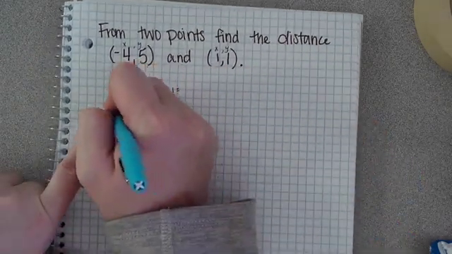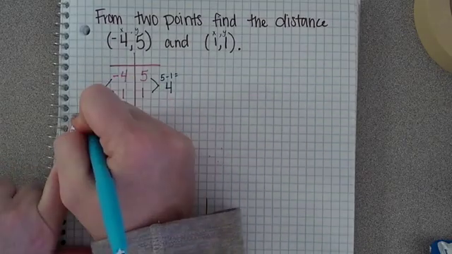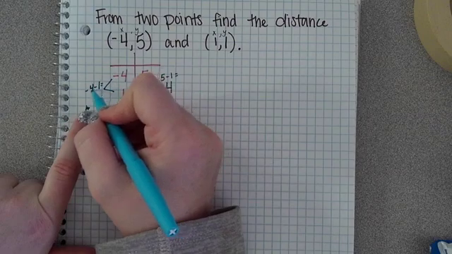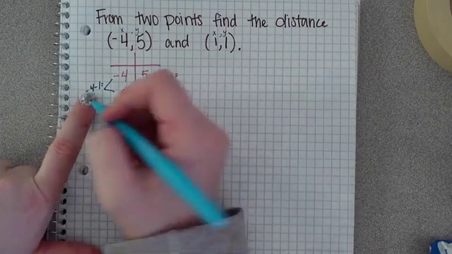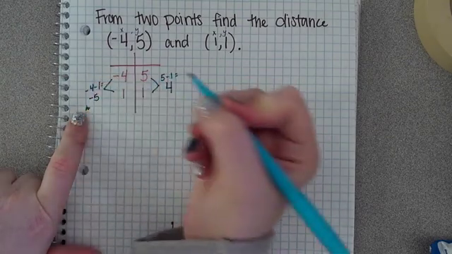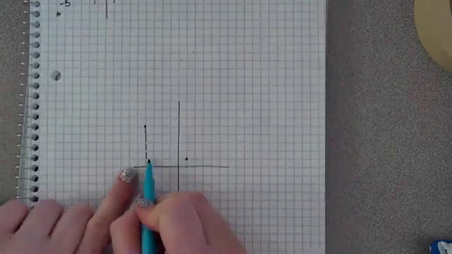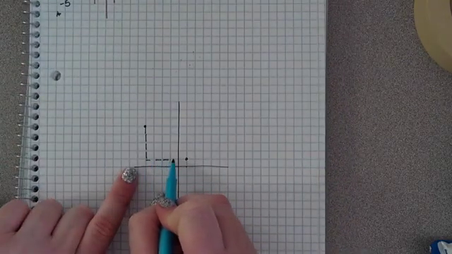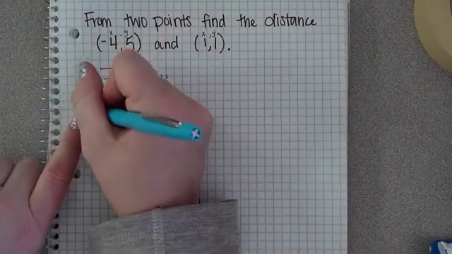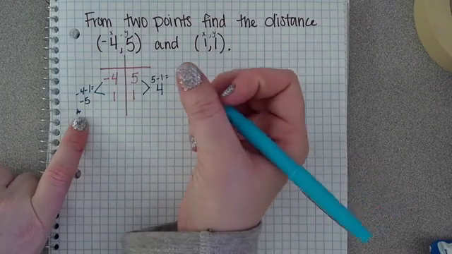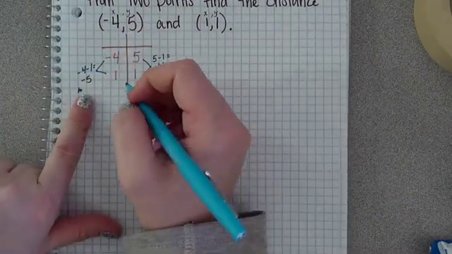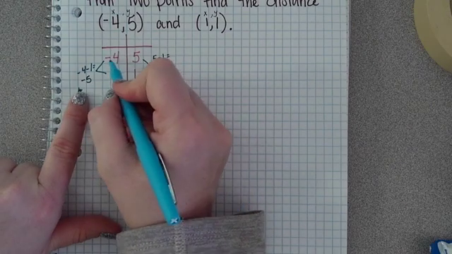Then it goes from negative 4 to 1. So if you do negative 4 minus 1, if I owe you $4 and I owe you 1 more, I owe you 5. Or if you count from here, it would be 1, 2, 3, 4, 5. Now, remember, you can't have a negative distance. Actually, I wrote those wrong.